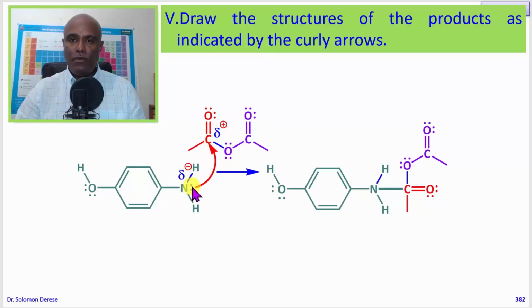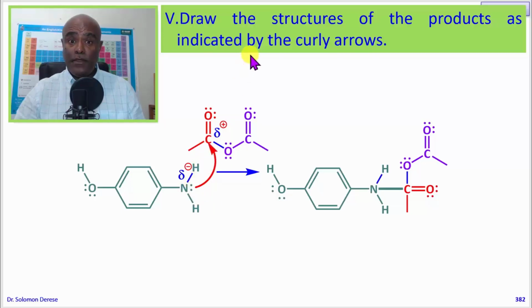When they come to a bonding distance, electrons are going to flow from the nucleophile to the electrophile, from the lone pair of electrons on the nitrogen of the nucleophile towards the carbonyl carbon of acetic anhydride. When that happens, electrons flow from here to here, and these electrons will now be used to form a bond with the carbonyl carbon.